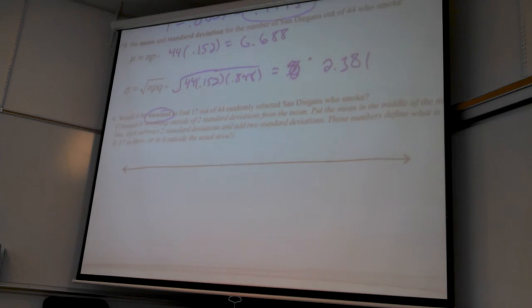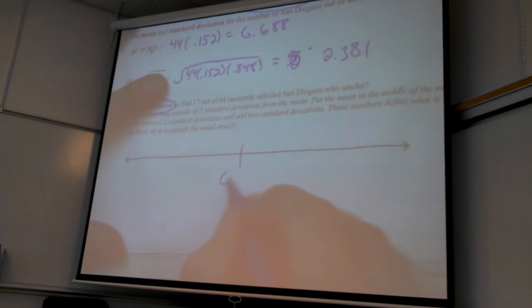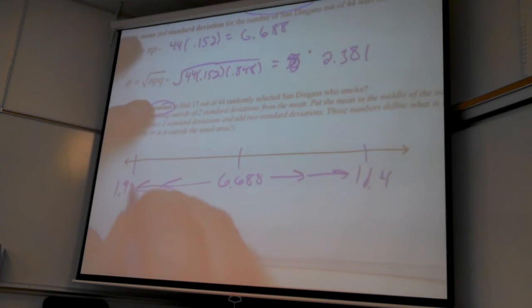All right? So if I put the mean in the middle, this feels kind of familiar, right? Put the mean in the middle, and I go 2 steps up. So add 2.381 twice to it. Where do you end up? 11.3 or something? 11.4, blah, blah, blah. And if we go down twice, 1.92.